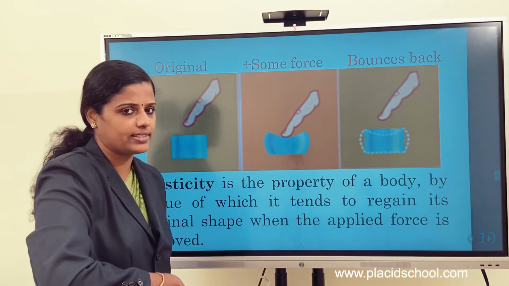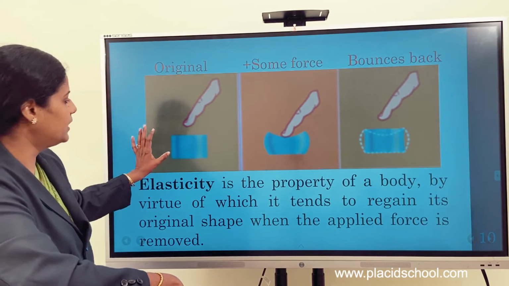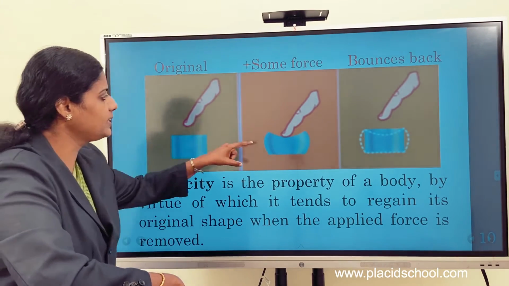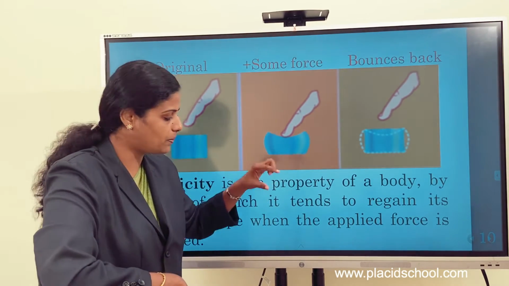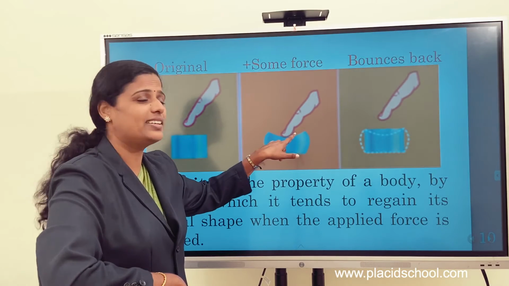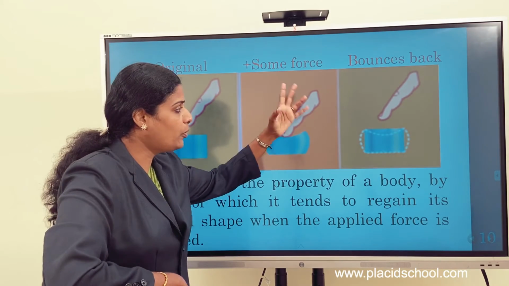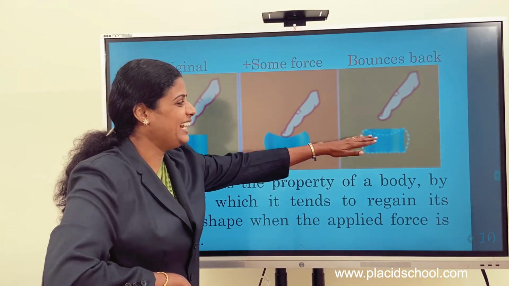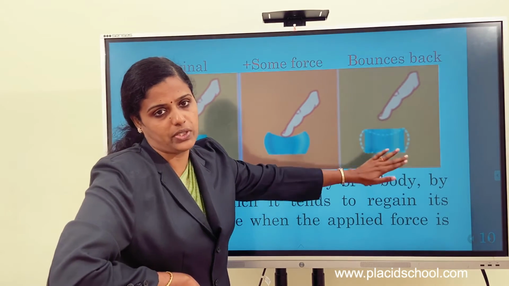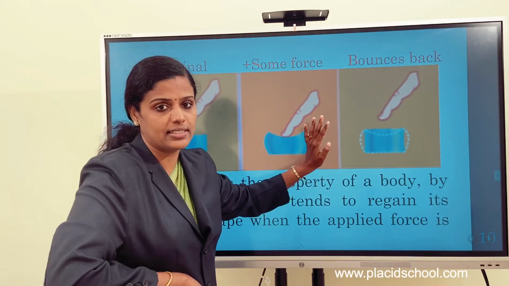So what is elasticity? Look at the diagram. Here we are pressing a material. This is the original material and we are applying some force, pressing that material. So the pattern is like this. And when we remove the force, or remove the pressing, what happens? It regains its original position. This is elasticity.